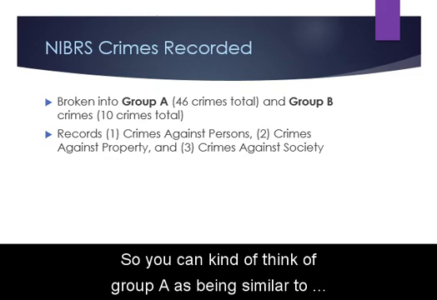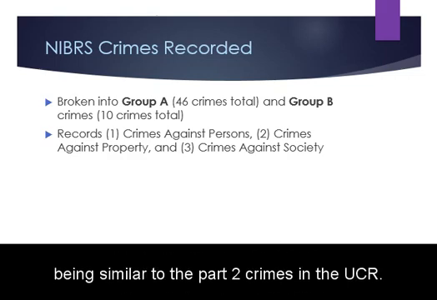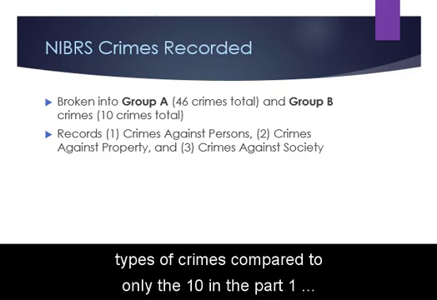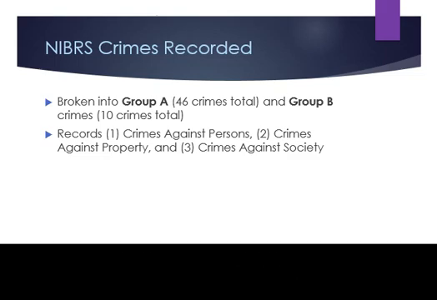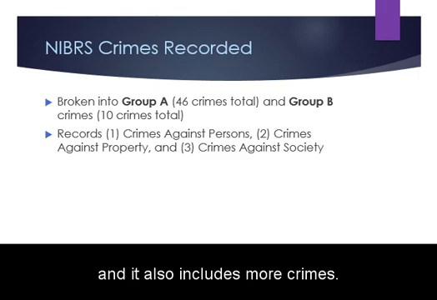You can think of Group A as being similar to the Part 1 crimes in the UCR, and the Group B crimes as being similar to the Part 2 crimes in the UCR. The Group A crimes in NIBRS include 46 different types of crimes, compared to only the 10 in the Part 1 offenses of the UCR. So NIBRS includes a lot more information on each crime, and it also includes more crimes.